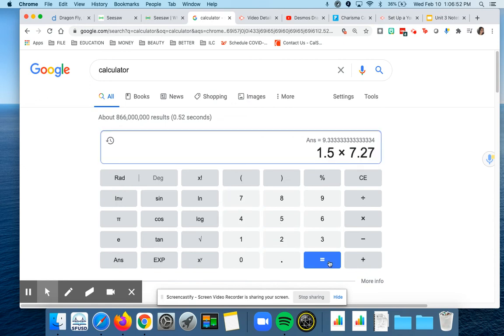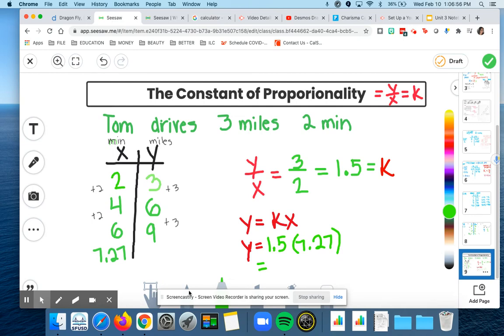That's 10.905. So that's what goes on this side. 10.905. And that's your answer.